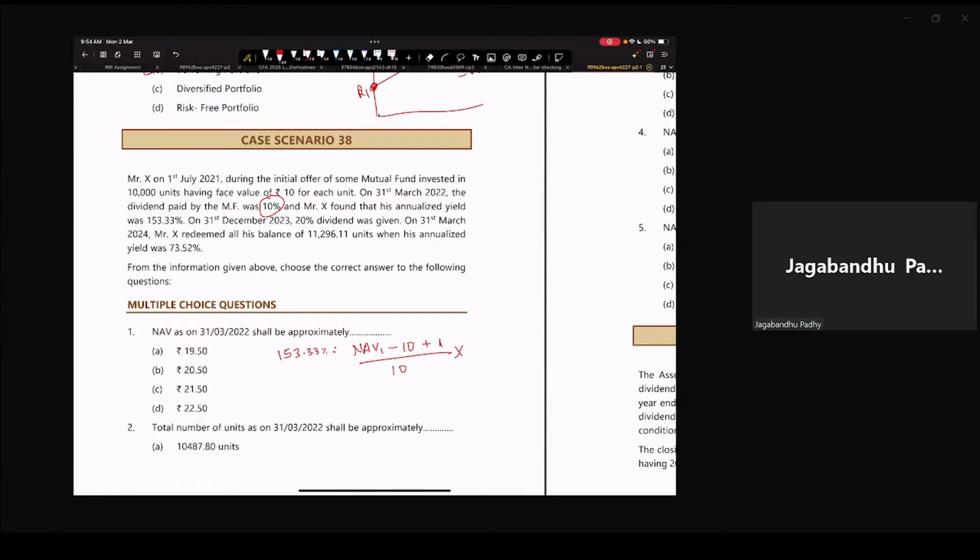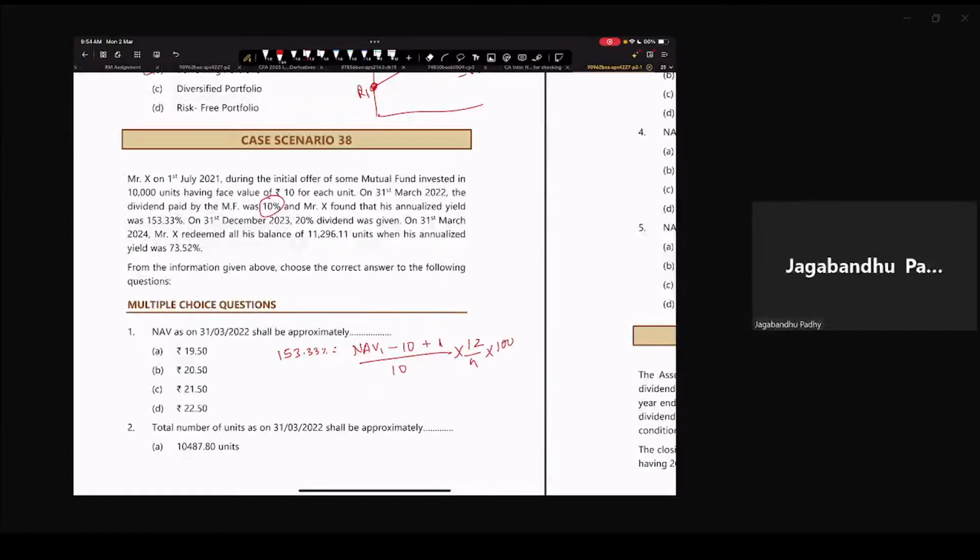But remember, this 153.33 is the annualized yield, so I need to make it annualized. We just multiply it by 12 by the number of months. From July 1st to 31st March, it is 9 months, right? July to December is 6 months, and the other 3 months. So it is into 12 by 9 into 100.